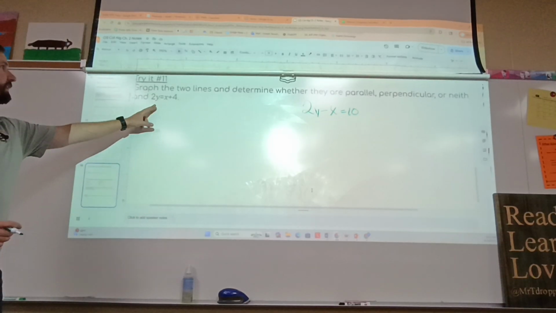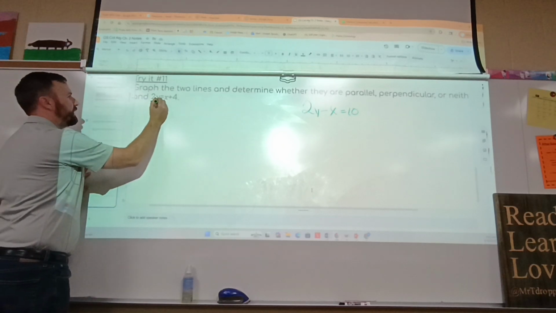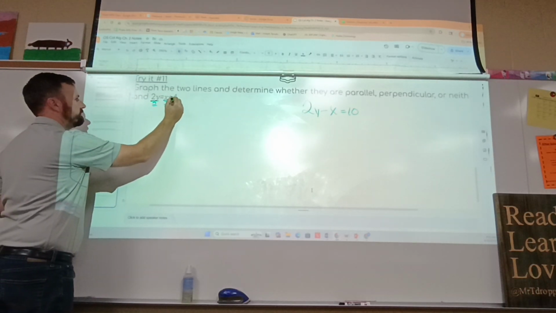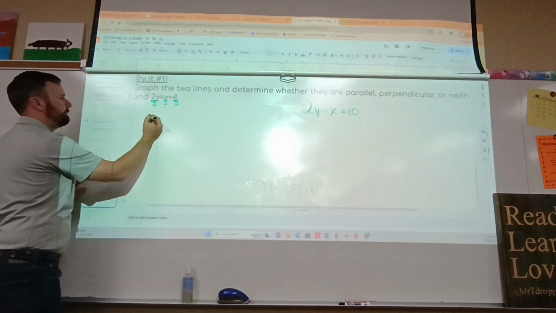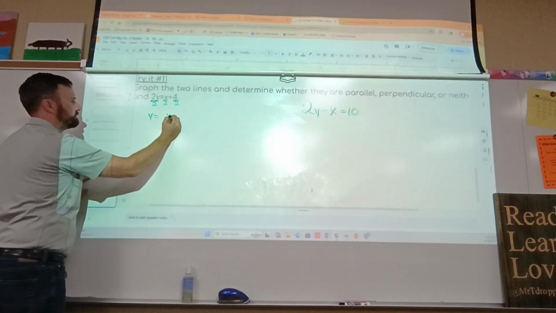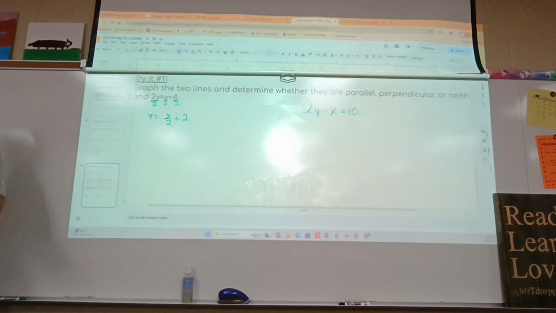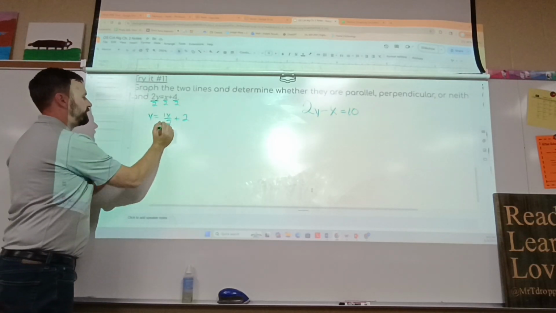All right, first step, I gotta get that y by itself, right? Luckily on this one, all I have to do is divide by 2. I get y equals x over 2 plus 2, right? Or 1/2 x. Both are fine to write, however you want. I'll put the 1 in front for funsies.